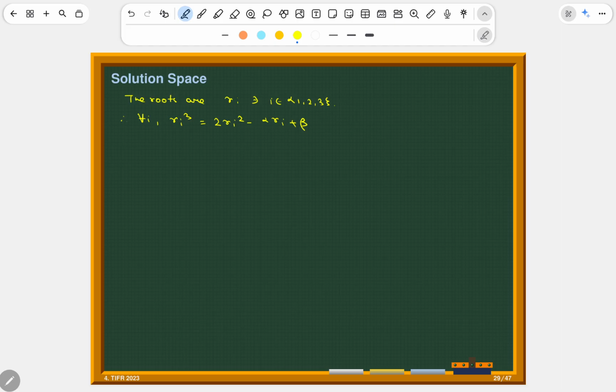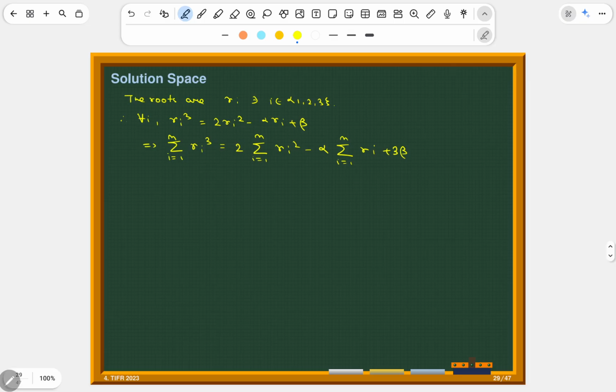Now if I sum over all these i's, that implies the summation i equal to 1 to n, Ri cubed is equal to 2 times the summation of Ri squared minus alpha times the summation of Ri plus, sorry, plus 3 times beta, because we are going to get 3 betas, right?